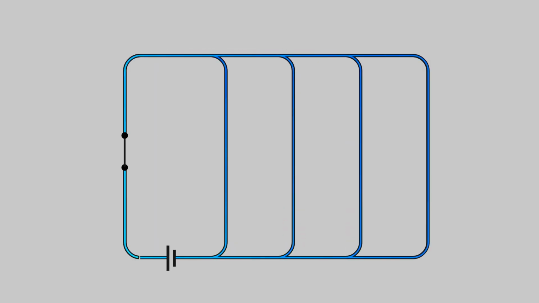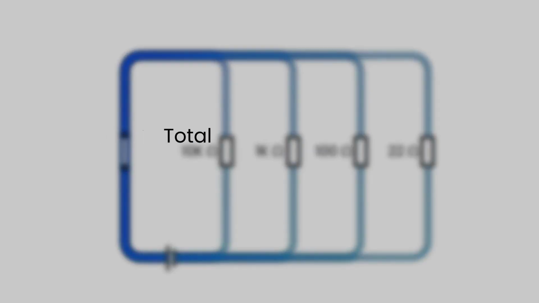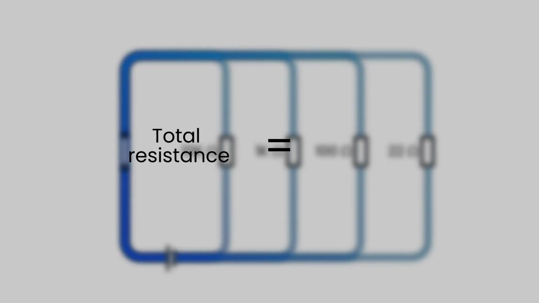Here is another example. In this case, we have 4 resistors: 10,000 ohm, 1000 ohm, 100 ohm, and 22 ohm resistors, each in a parallel branch. The total resistance will be smaller than the smallest individual resistance. In this case, the total resistance is called equivalent resistance.